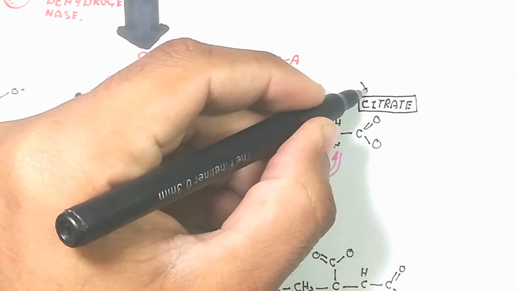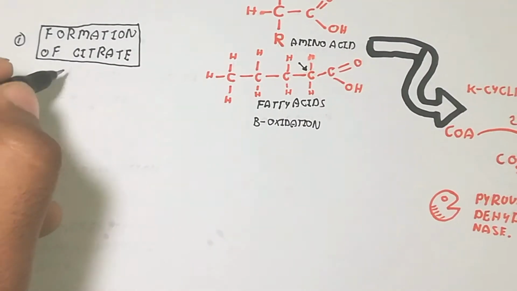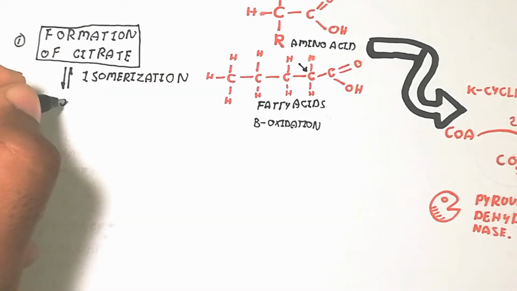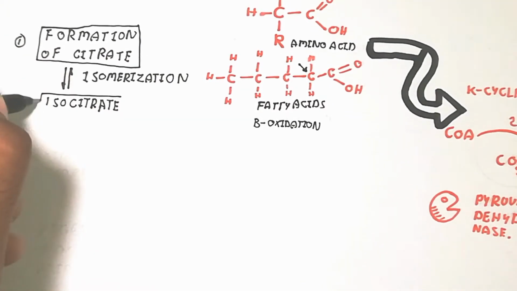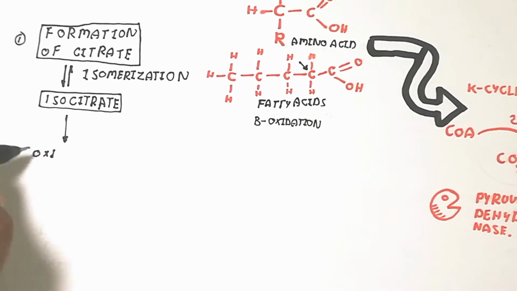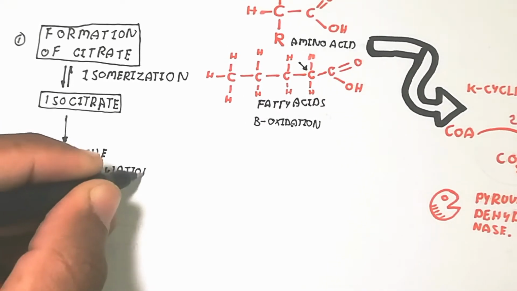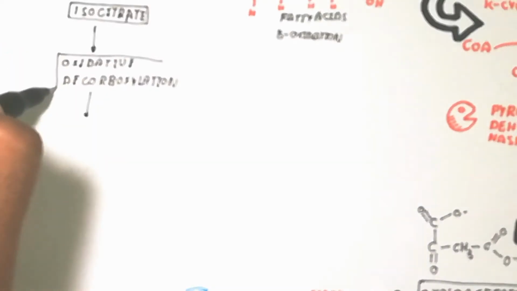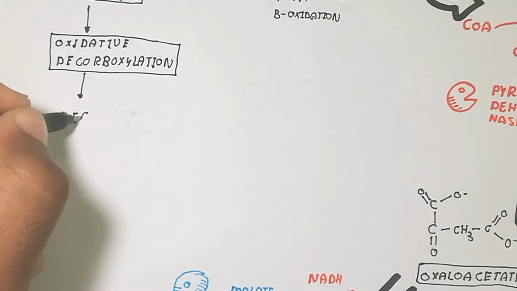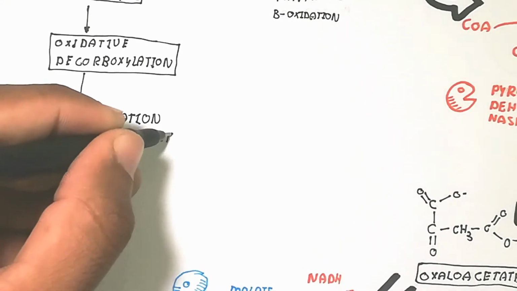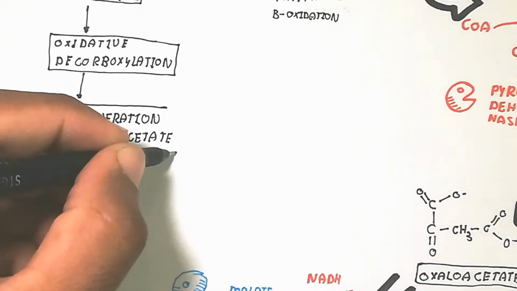So now we will talk about the steps, starting with the formation of citrate. It is the summary of the Krebs cycle. Here is the isomerization to produce isocitrate, and again oxidative decarboxylation. Oxidative decarboxylation again leads to the regeneration of oxaloacetate.